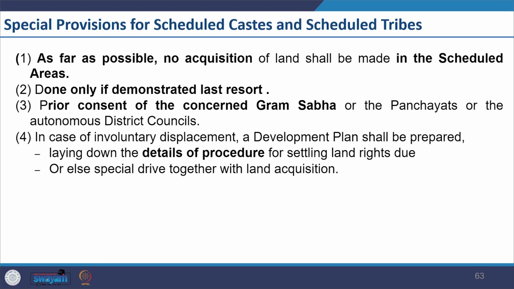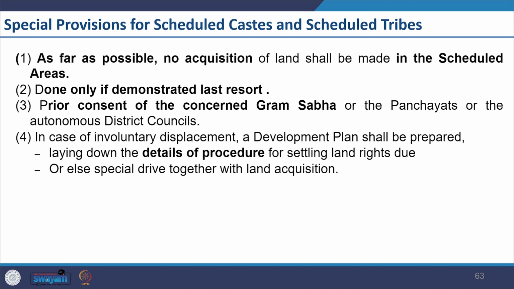Further, we see there is a special provision for scheduled castes and scheduled tribes. Like in the previous lecture we talked about taking care of the indigenous people. So here we see how in this act that provision is made. There's a special provision for scheduled castes and scheduled tribes, and it is stated that as far as possible no acquisition of land shall be made in the scheduled areas.